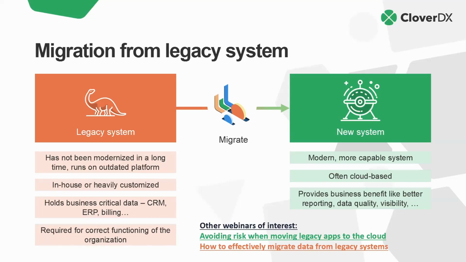They're often cloud-based, a new generation of applications that allow us a bit more flexibility and have been developed with more analysis and BI standards in mind. They provide business benefits, like better reporting, data quality, visibility, and accessibility across your entire team.